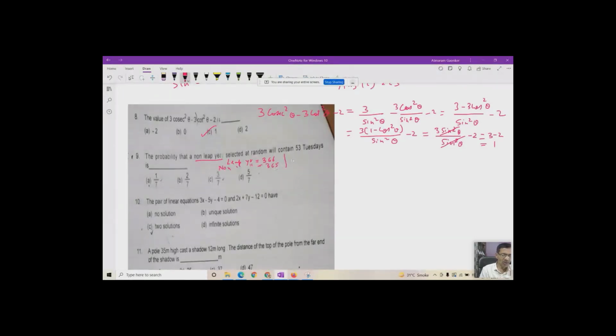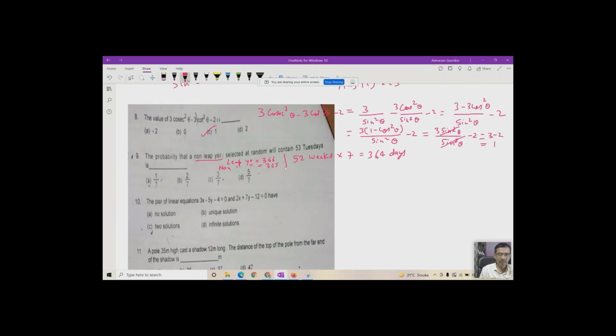Now you see in a year there are 52 weeks, and each week has 7 days. So 52 into 7, it works out as 364 days.